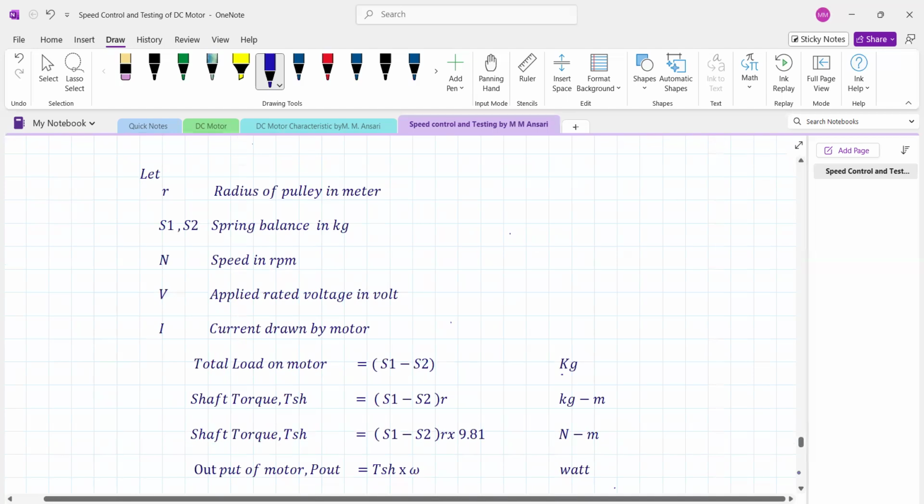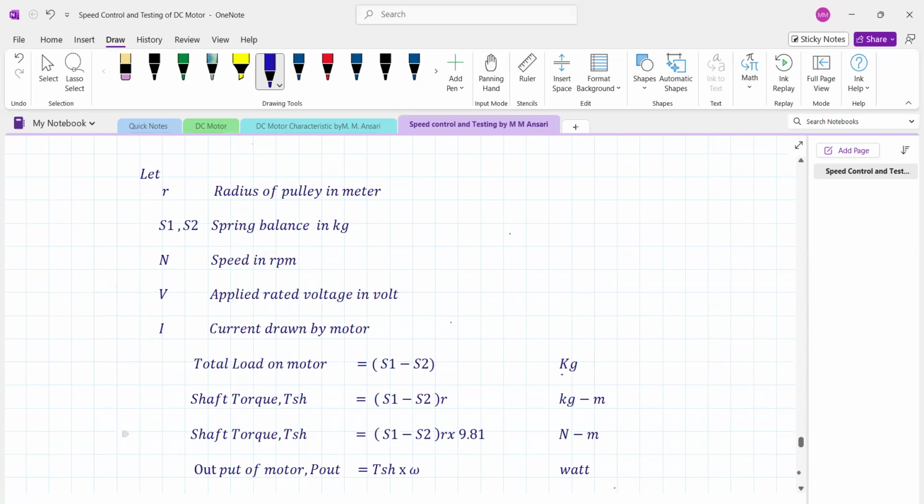Now convert torque in kg meter into Newton meter. So S1 minus S2 multiplied by the radius R into 9.81 comes into Newton meter. Now the power output, from the basic equation of mechanics, is shaft torque multiplied by speed. Here the shaft torque is T_SH and the speed is the angular velocity omega.